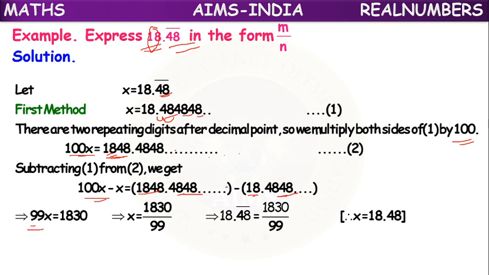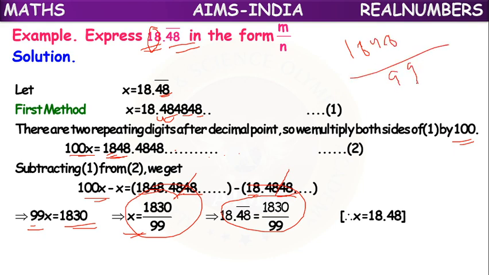From 1848, 18 removed means 1830. After the decimal point, all will get cancelled. x equals 1830 by 99. Like that, we are getting the answer. It's not 1848 by 99. Please observe, children.